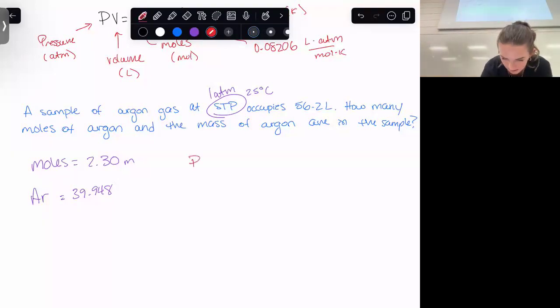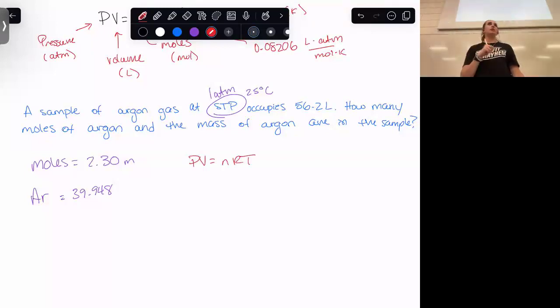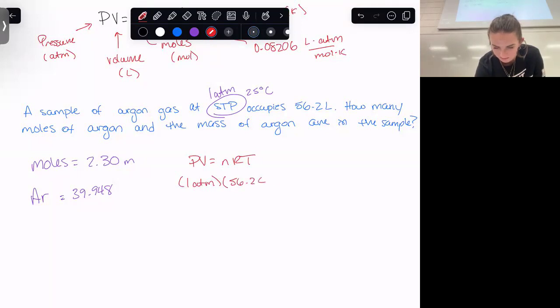Alrighty, so we got PV is equal to nRT. We know that our pressure is going to be 1 atm. Our volume is 56.2 liters. And we're looking for our moles. We have 0.08206.